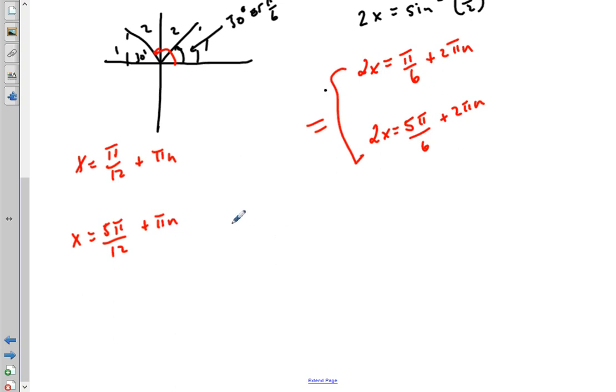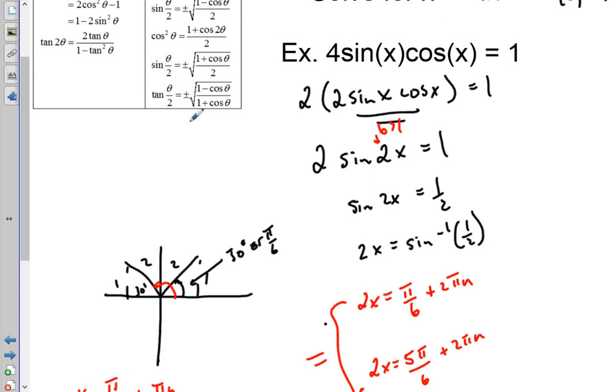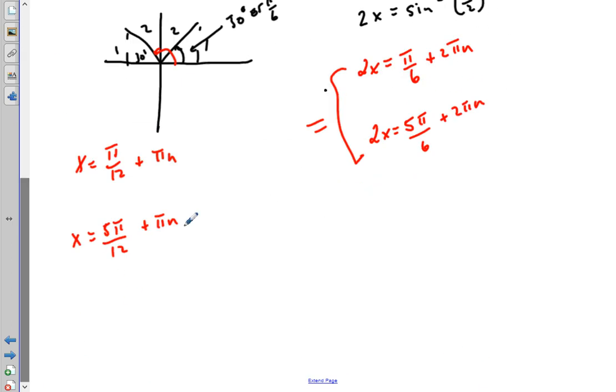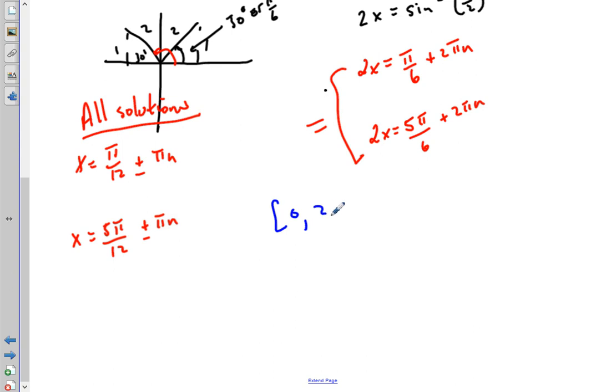Now, if we wanted all solutions, that would be our answer. However, I changed this up and said I want to find all the solutions from 0 to 2 pi.